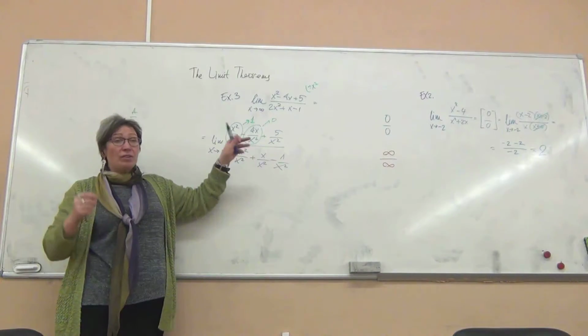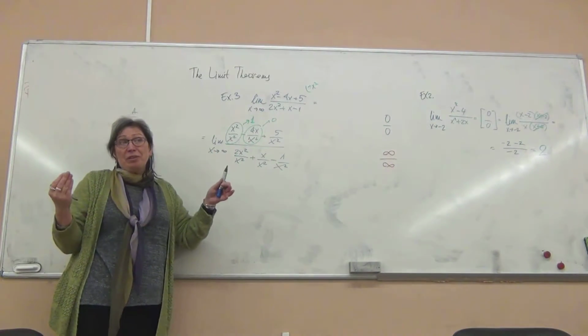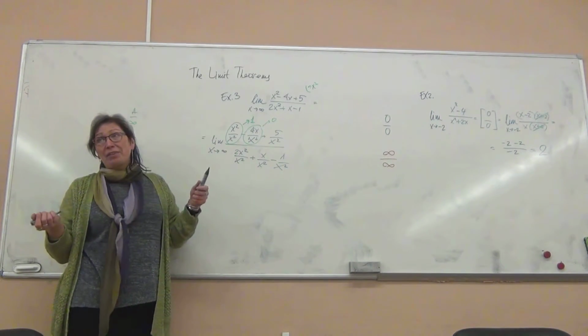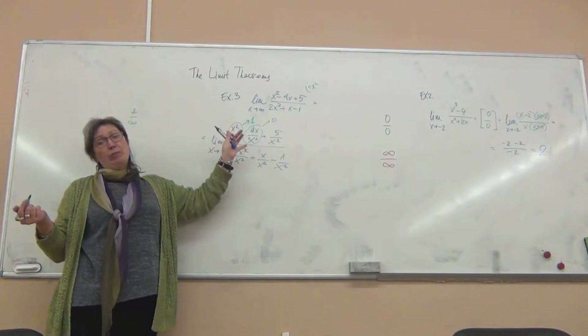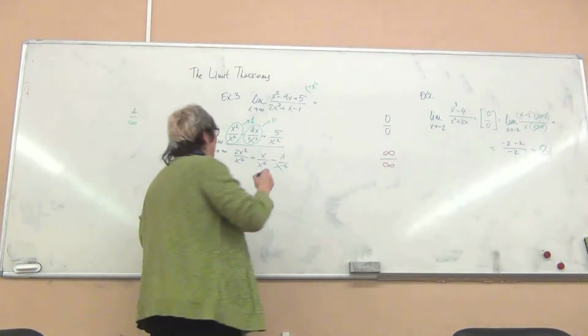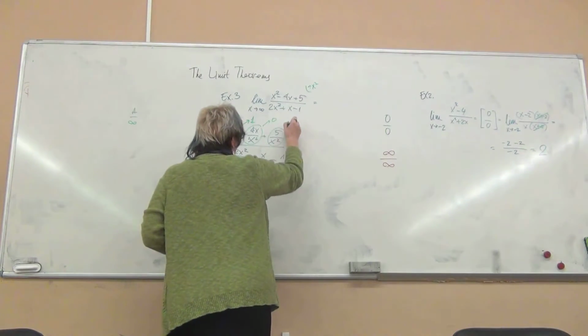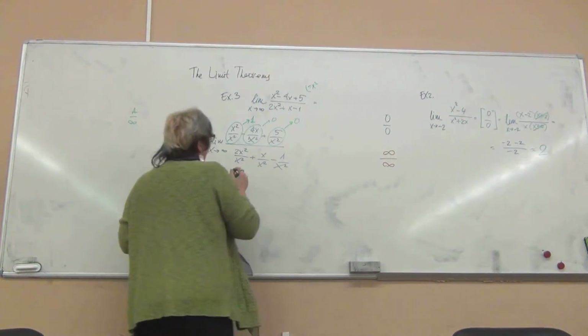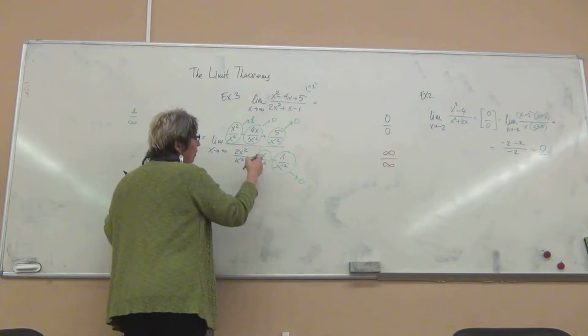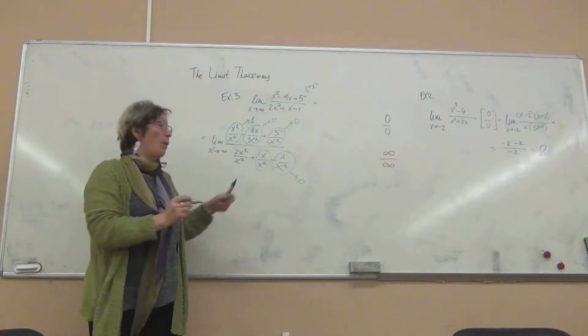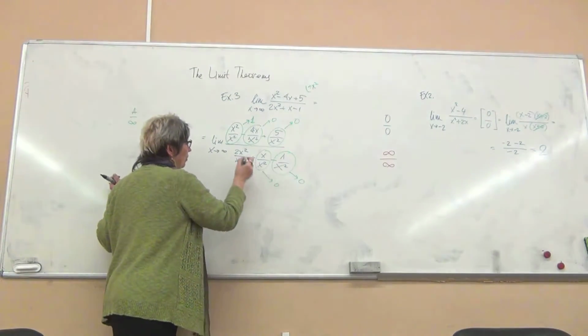So x squared is a stronger infinity than simply x, because it's infinitely many times greater than simply infinity. And 5 over x squared again tends towards 0. The same. This tends to 0. This is actually 1 over x squared, so this also tends towards 0.